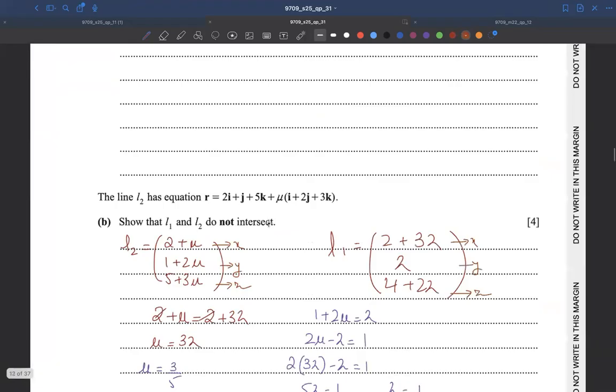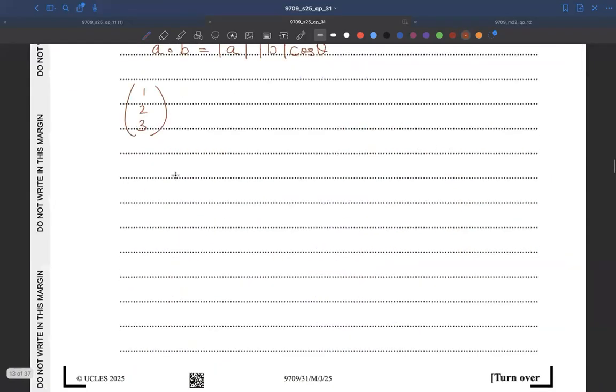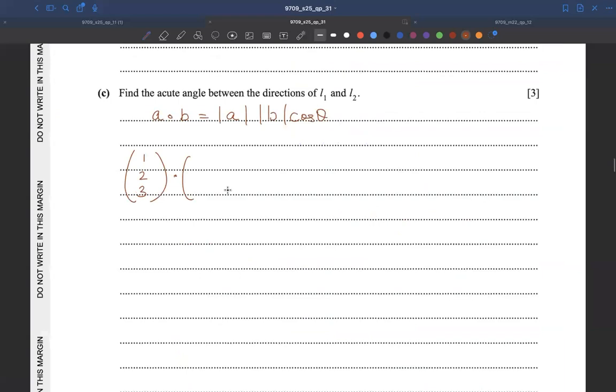And the direction for line L1 is 3, 1, and 2. So you write it as the dot product of 3, 1, 2 and 1, 2, 3 equals to, we'll find the magnitude of the first vector. So that will be root of 3 square plus 2 square plus 1 square. And it will be the same for the second vector as well. That would be root of 3 square plus 2 square plus 1 square into cos theta.